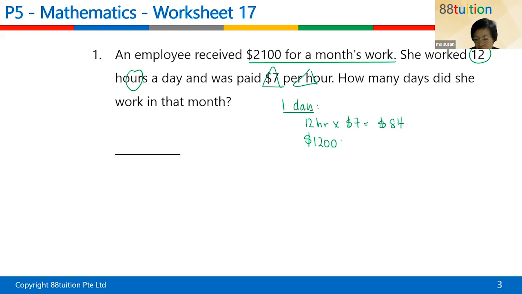You use 2,100 divided by the 1 day pay of 84, and then you get your number of days. 2,100 divided by 84, you should get 25 days for this.